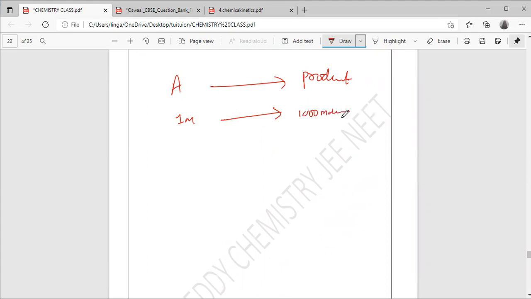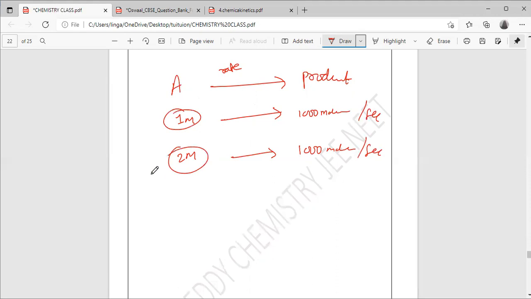Then I take 2 M concentration. In general our expectation is 2000, but still only 1000 molecules are forming. That means the rate does not depend on the initial concentration. Per second there is no change, even though I am doubling the concentration.